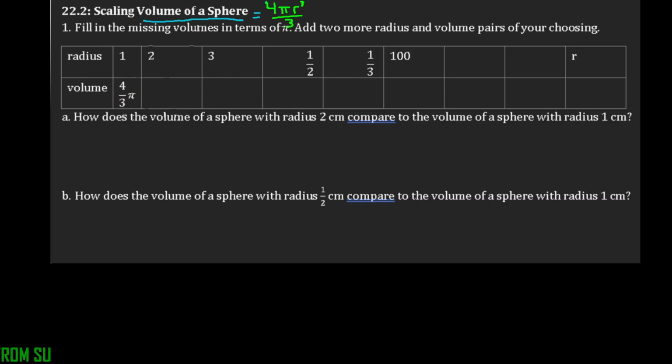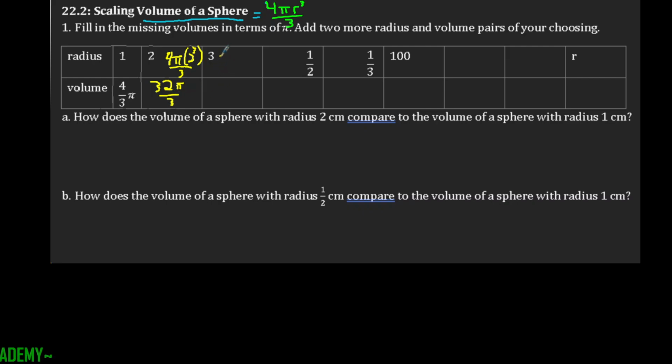So let's write it for this first one. This is the same as 4 times pi times 2 to the third power over 3. 2 to the third power is 8, and 8 times 4 is 32 pi, so 32 pi over 3.